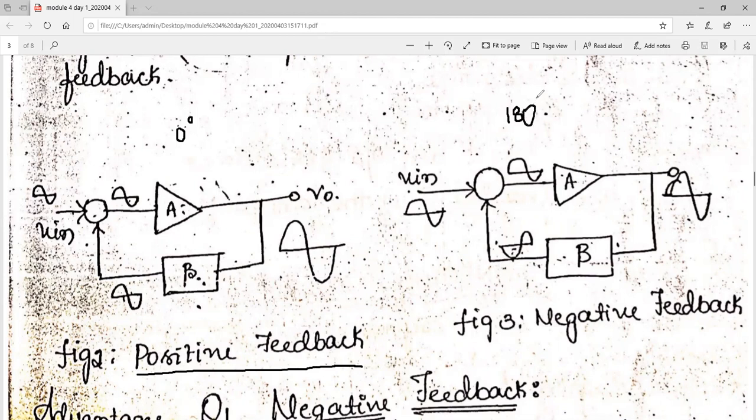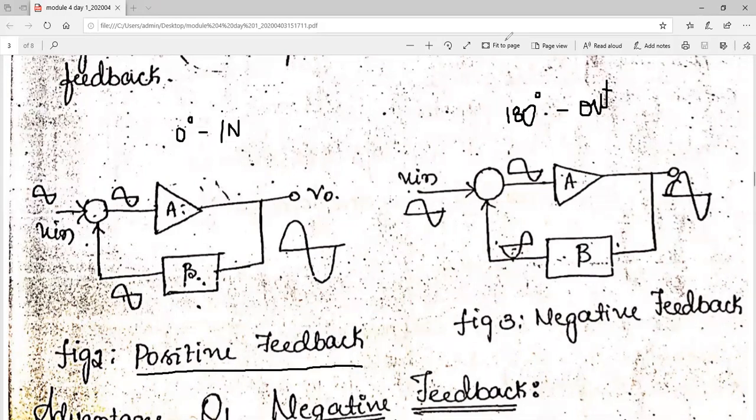We have another name for positive or negative feedback. If they have 0 degree phase shift, we call it in phase. And when there is a 180-degree phase shift between the two signals, we call it out of phase.